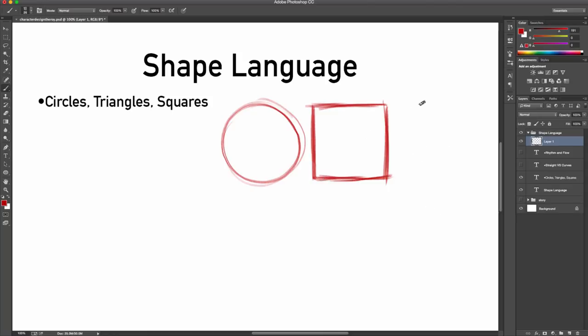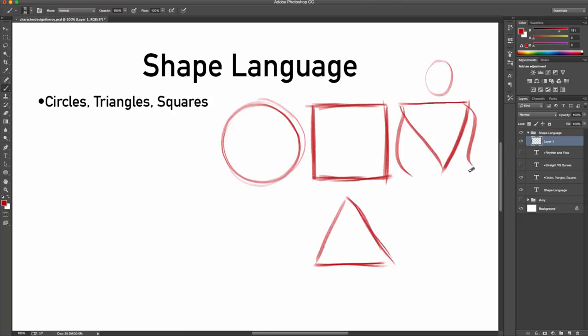And then lastly, you have triangles. You can have an upside down triangle or a regular triangle, a pyramid triangle, and these also tell a very different story. These can be very heroic. You put a head on this and maybe some arms, and he's already looking like a hero. Also, this can be very villainous.